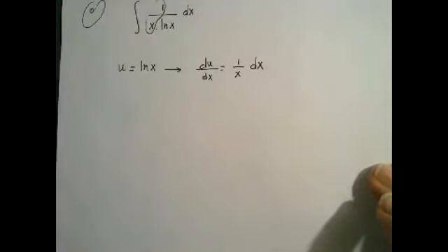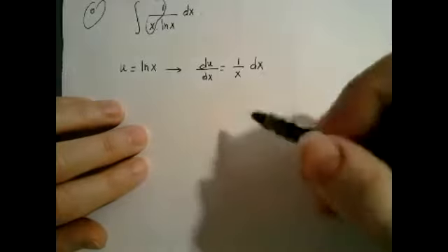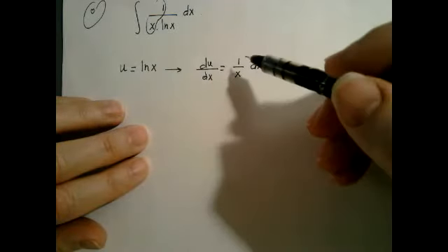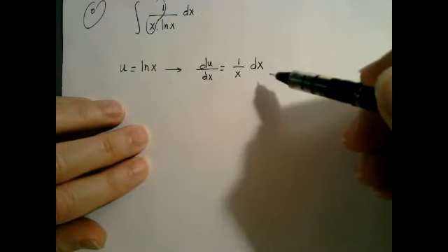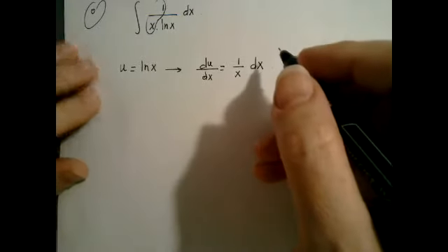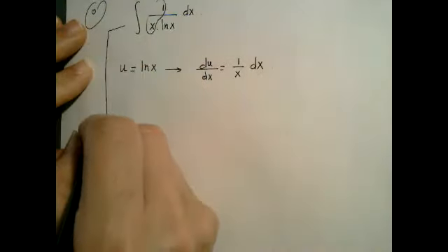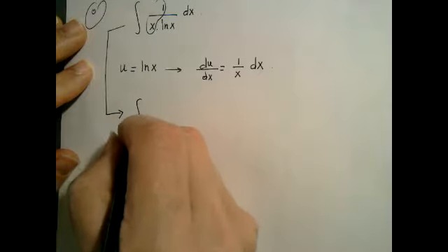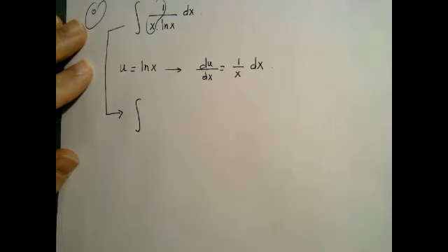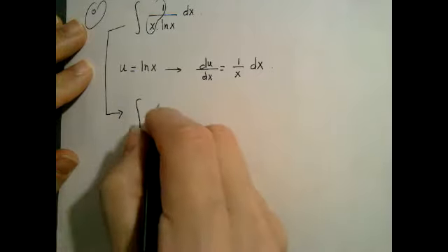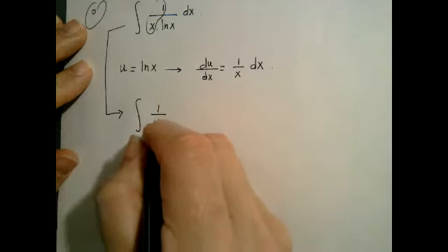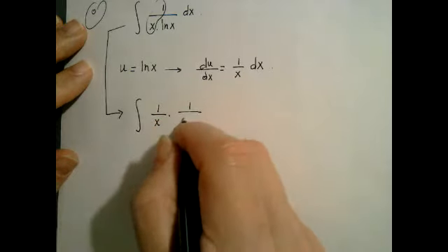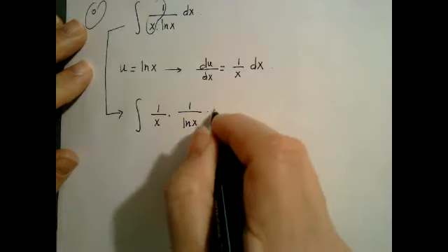So du dx, I will try to speak slowly, is 1 over x dx. So now I'm going to try to express everything in terms of the new variable. So I'm going to rewrite it as follows, to make very clear what I am doing.